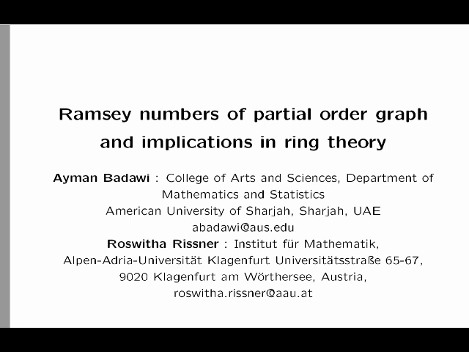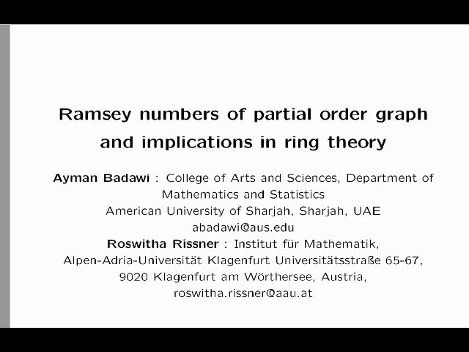Okay, so the partial order graph, how do you form a partial order graph? Here is how you form it. First thing, you need a partial order relation. We call it usually less or equal.